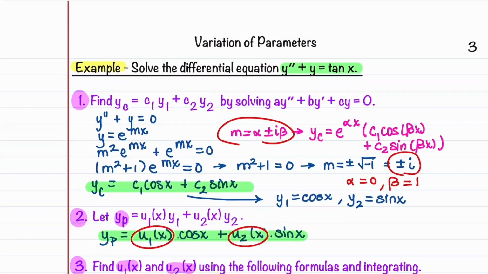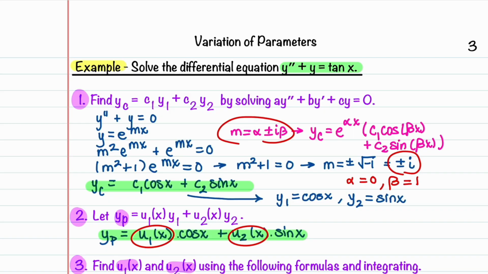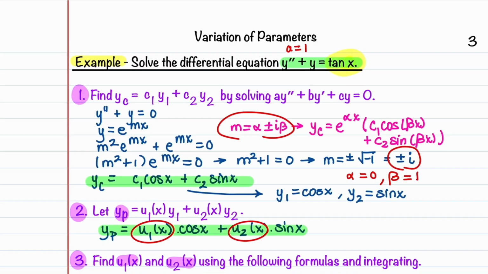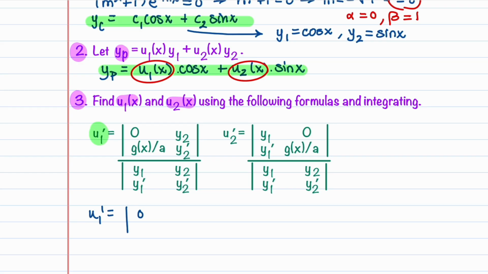So let's go back up to our original equation, and let's do some highlighting. g of x is tangent x, and then notice that there is a 1 multiplying y double prime, so let's make a note that a is equal to 1. Tangent x is g of x, so we have tangent x here, and then a is 1, so we just have tangent x. And then we have y2 up here on the right, there's our y2.